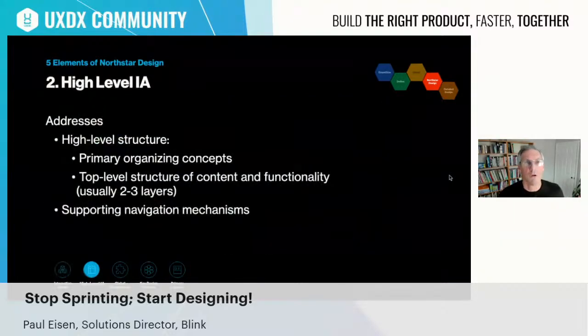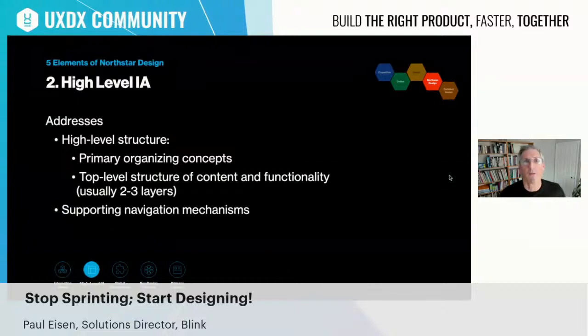The second element here is the high-level information architecture. So again, we've moved from a point where we have these very large static pages of brochureware online, and we're executing hierarchical representations of every one of these pages down to the small branches and fine leaves.